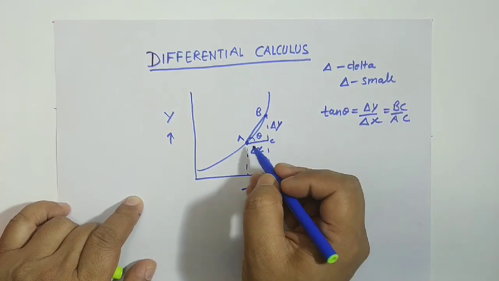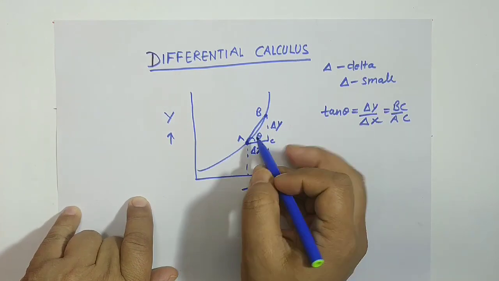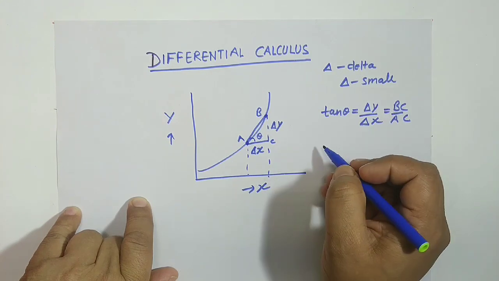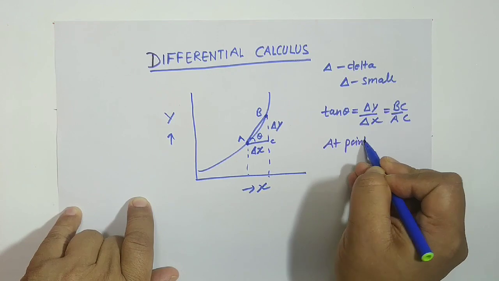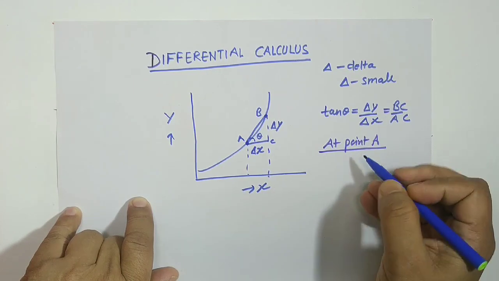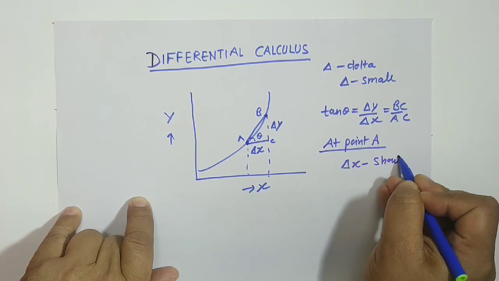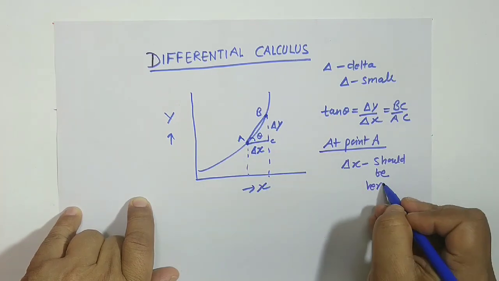But if you see exactly, it is not precise. Say I want the slope at point A. So at a particular point A, do you know the value of delta x should be very small so that I get the tangent at A only.